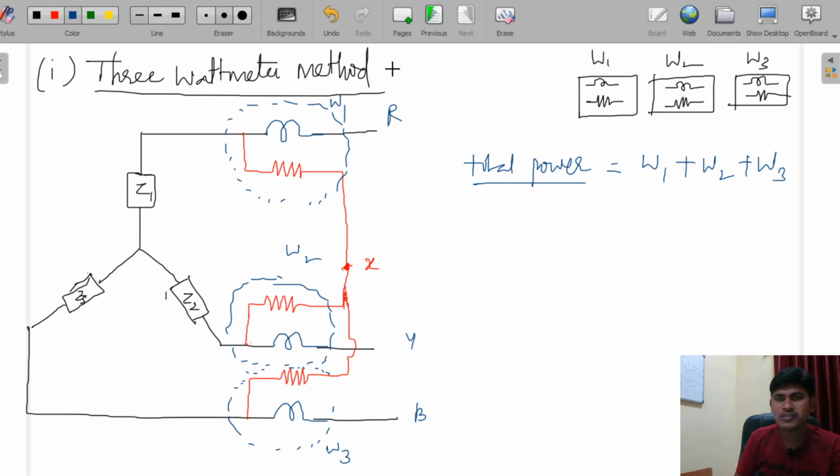This method can be used for the measurement of power in a 3-phase load, whether balanced or unbalanced.